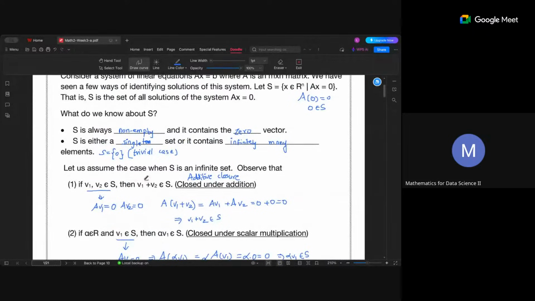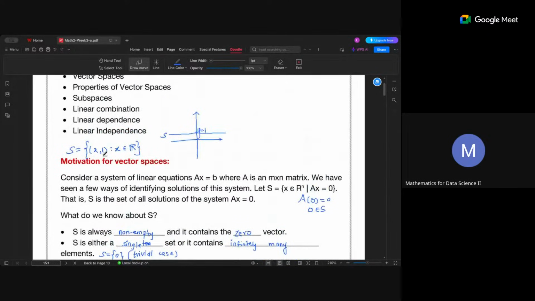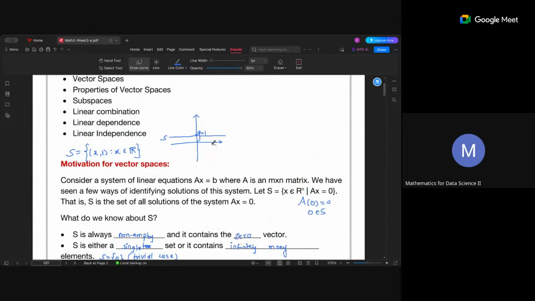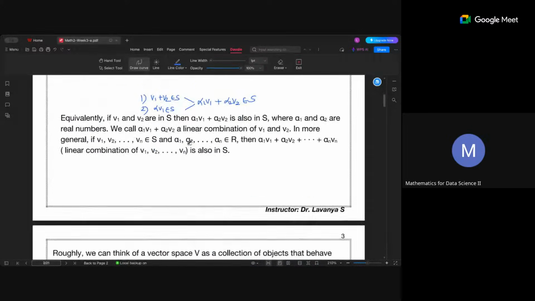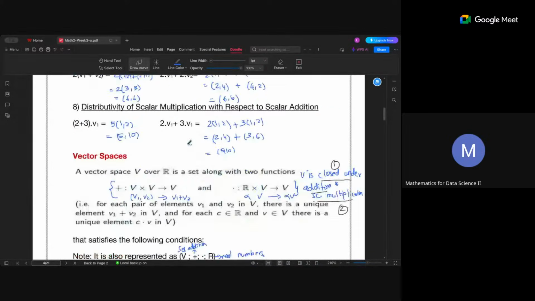Similarly, look at this set. Is this passing through the origin? Again, no. Right? This does not pass through the origin, and hence this is also not a subspace under the usual addition and scalar multiplication. They are not subspaces of R2.